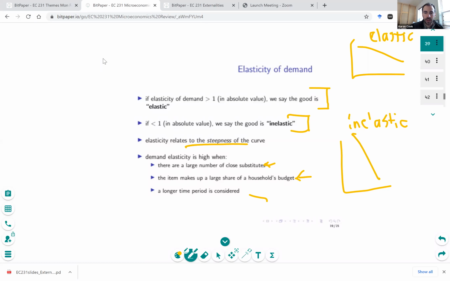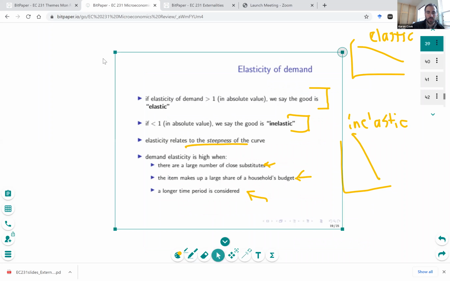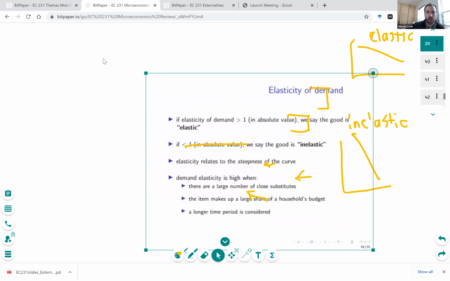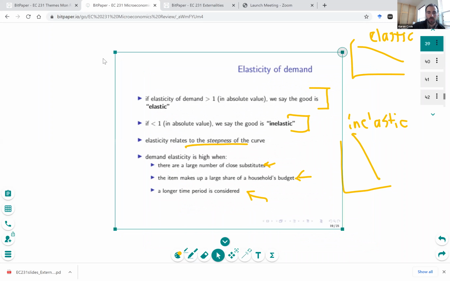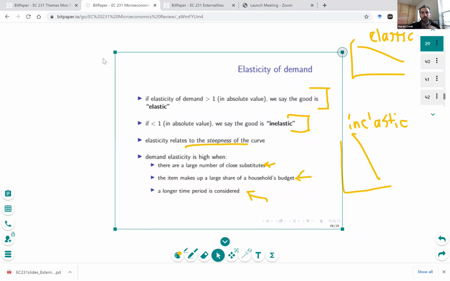And then as a longer time period is being considered, you have more and more time to make adjustments to that change in price. So you'd be more likely to change your behavior in response to a change in price in the long run relative to the short run. You have more opportunities to adjust in the long run, so you'd have a higher elasticity the longer term you're talking about.